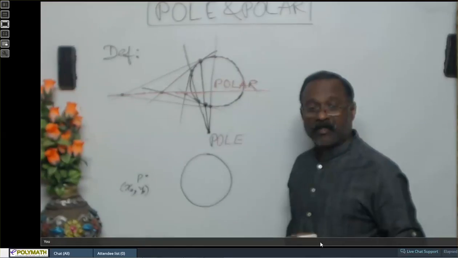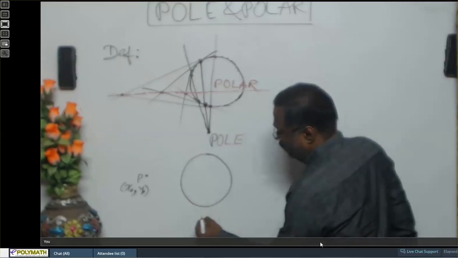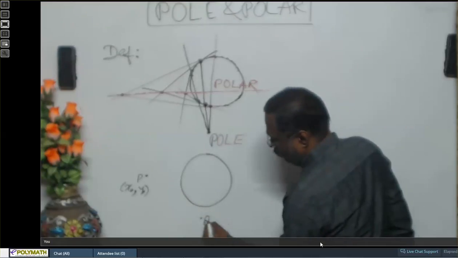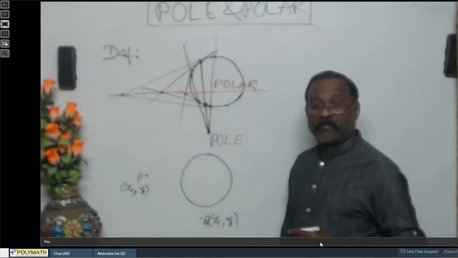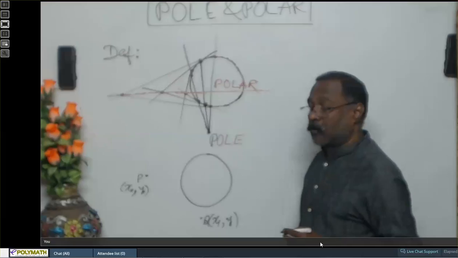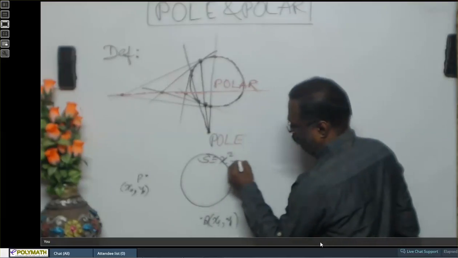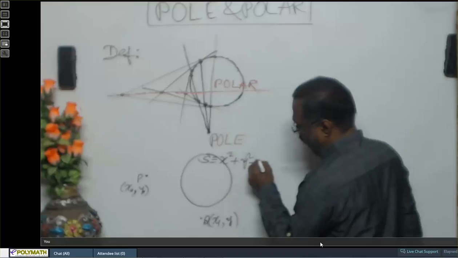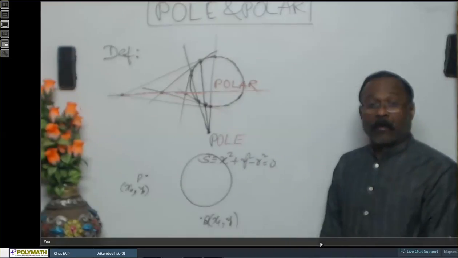And the fixed point as some Q(x1, y1). Let us take the equation of the circle as x² + y² − r² = 0. Now, what is our interest here?